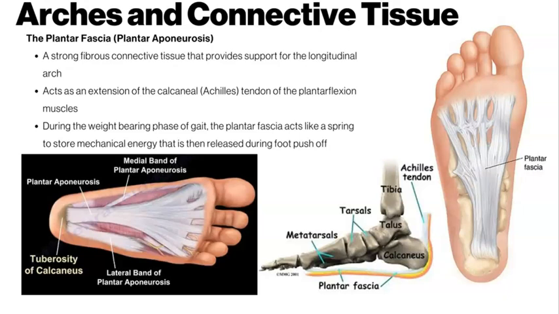We're going to talk in this part, as you can see on the screen, about the plantar fascia. The plantar fascia is a thick band of connective tissue that runs along the bottom of the foot from the calcaneus to the metatarsal heads. It plays a crucial role in maintaining the medial longitudinal arc by supporting the arc when the foot bears weight.